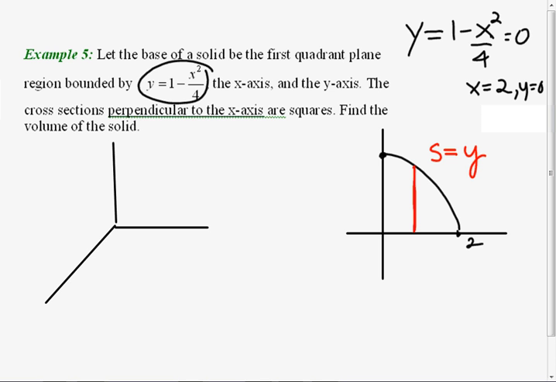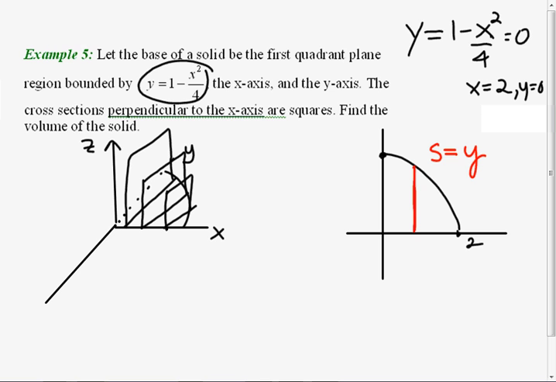Okay, so now here's what I'm going to try and do. I'm going to try and draw this. This is x, this is y, side, and this is z. And when I draw these they are going to look like this. It's very easy.